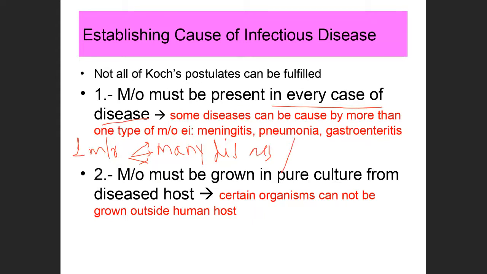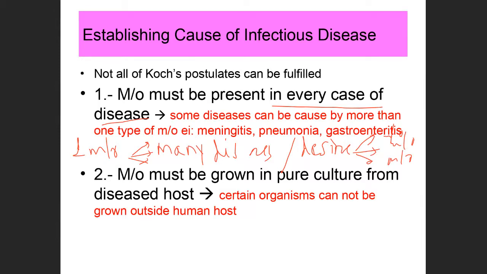So we have a disease and many microorganisms that could cause it. Case in point, meningitis. The three most common causes of meningitis: Neisseria meningitidis, Streptococcus pneumoniae, and Haemophilus influenzae. So one disease, many microorganisms that could cause it. So there isn't this one-to-one relationship.